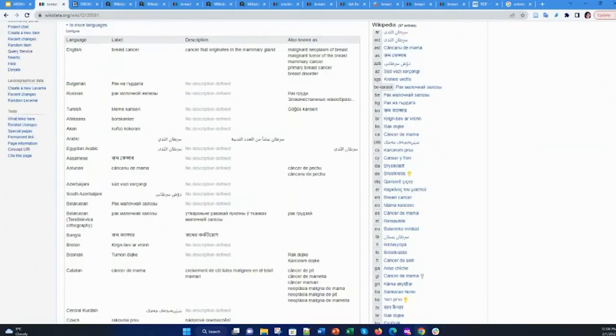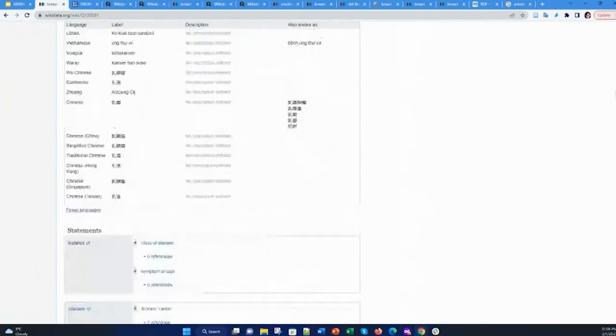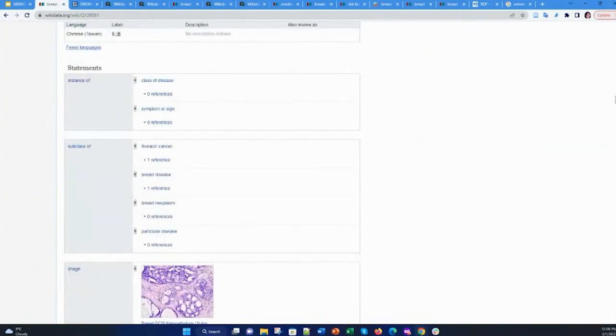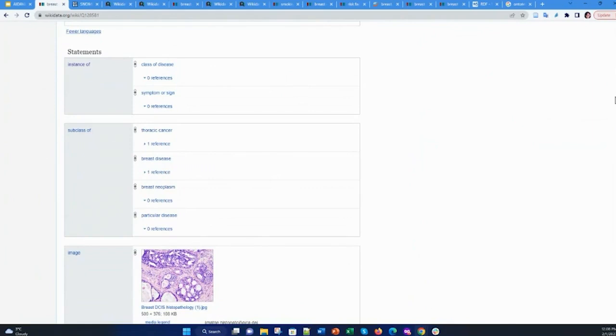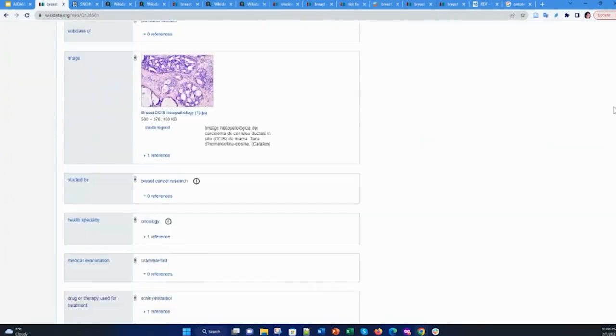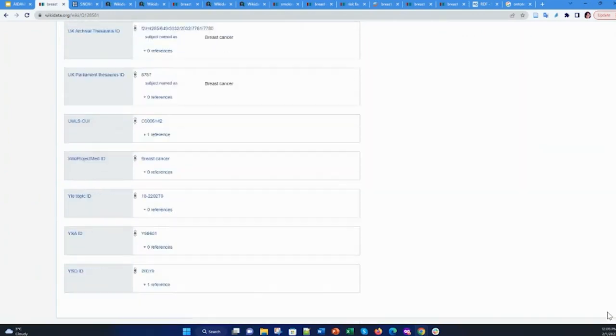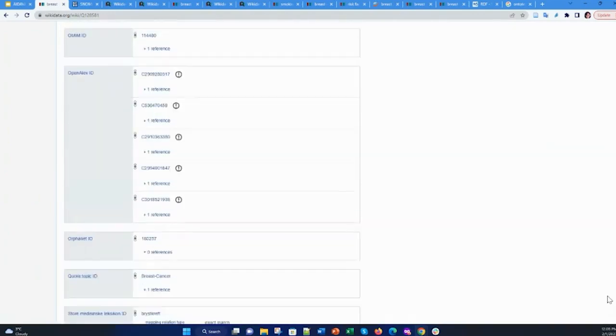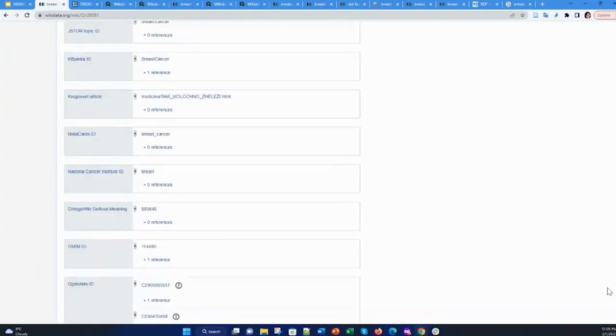We have also here structured information, not only about the concept translations for different languages, but also for the organization of the information of this concept regarding different types of standard classifications which are used in medicine.